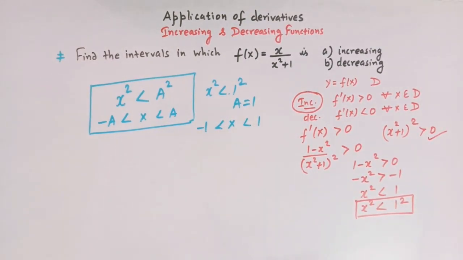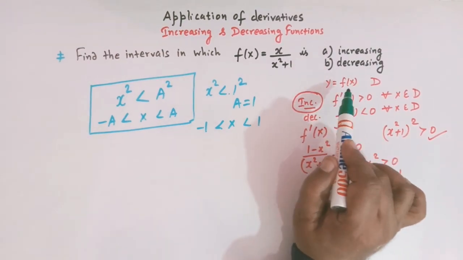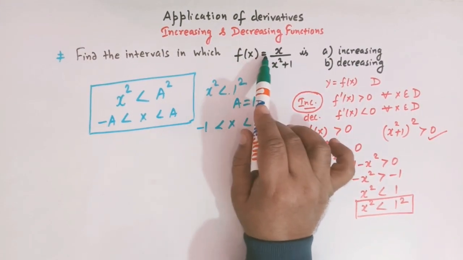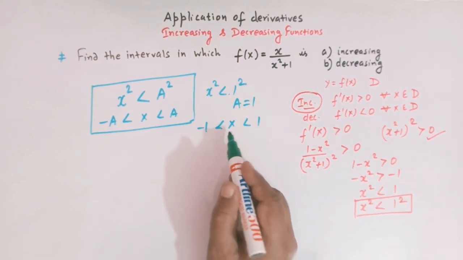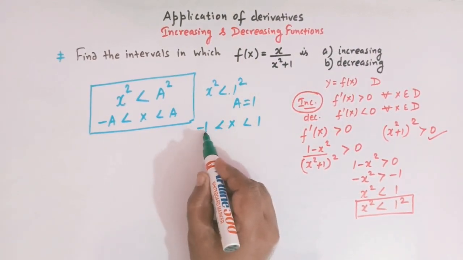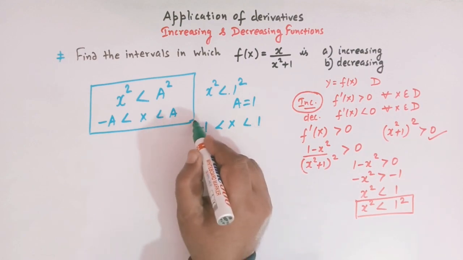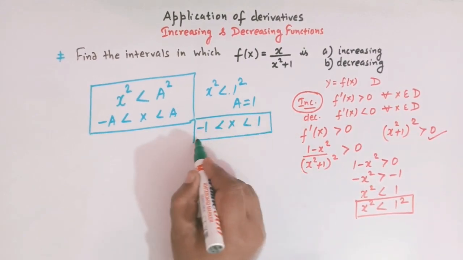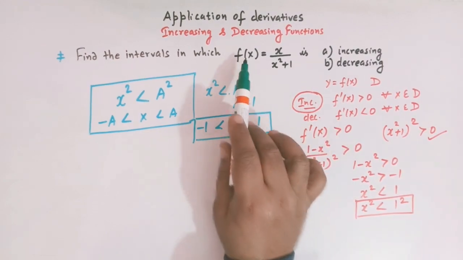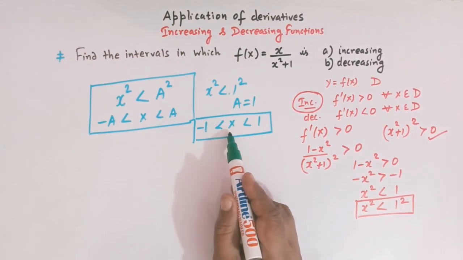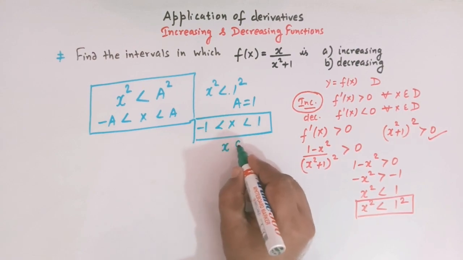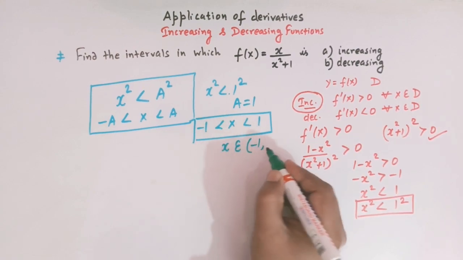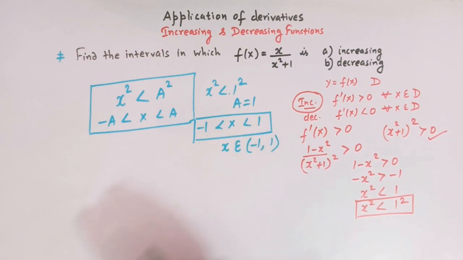So if we apply this result here, then the value of x must lie between minus 1 and 1, right? So this function, f of x equal to x over x square plus 1, is increasing for all x which lies between minus 1 and 1. So this is the interval in which this function is increasing. We can also write this inequality as x belongs to the interval minus 1 to 1.